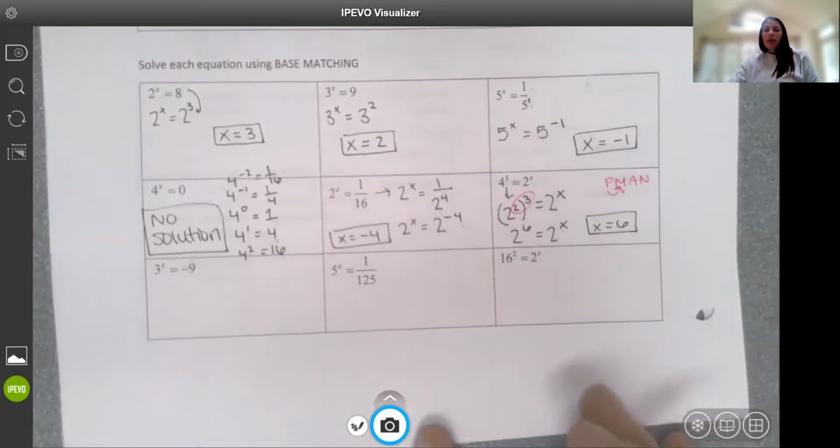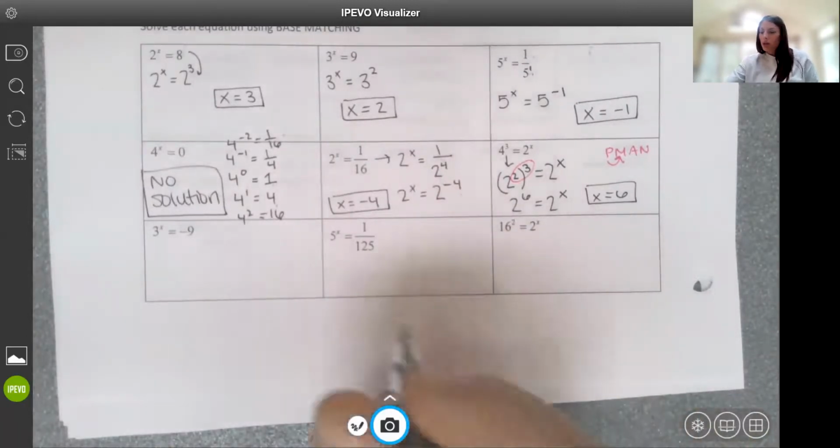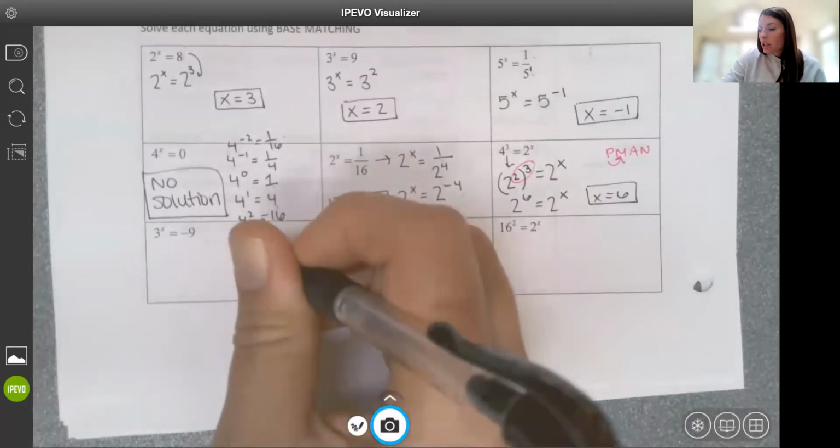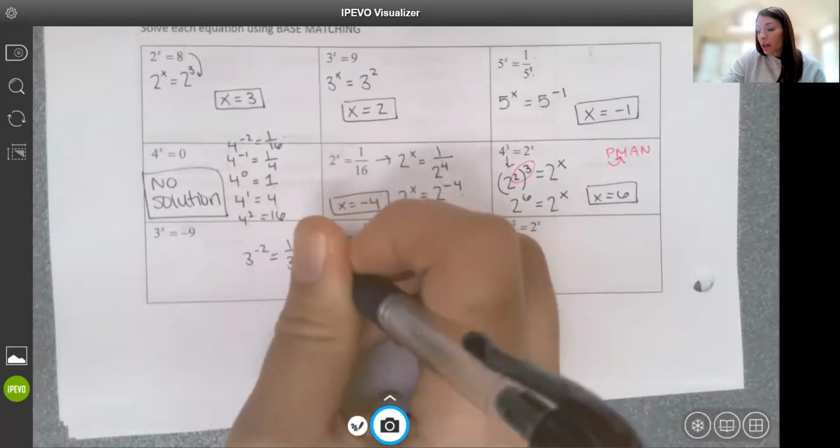Take a moment and think about this next one. Is there any power of 3 that gives us -9? Or is there any way I can write -9 as a power of 3? No, there isn't. Because what people want to say is -2, that if I had 3 to the -2nd, it would be -9. It wouldn't be. 3 to the -2nd is 1/3 squared, or 1/9.